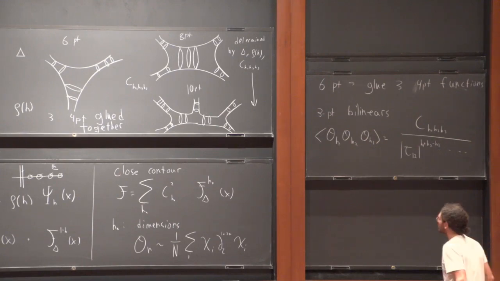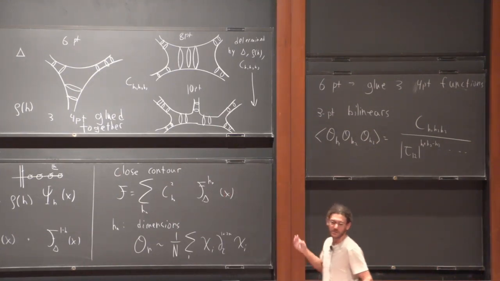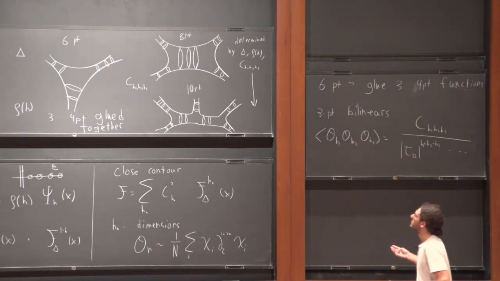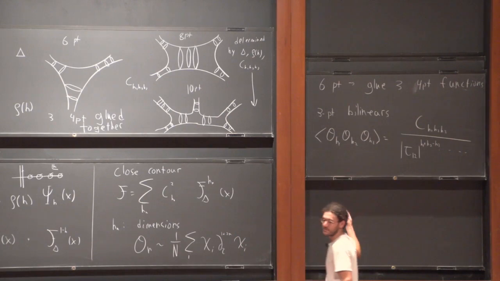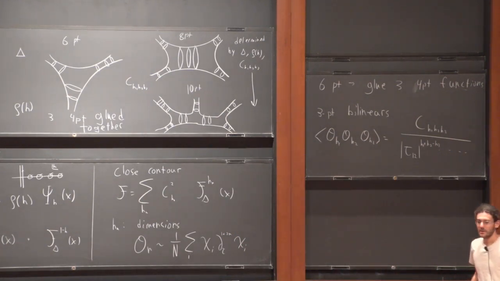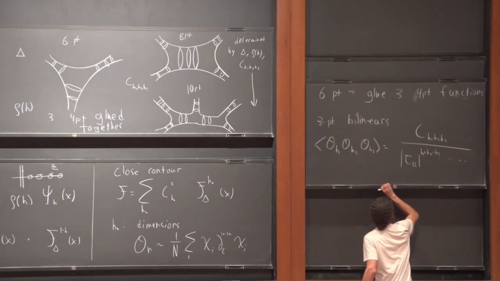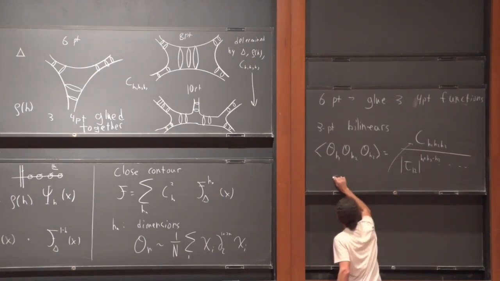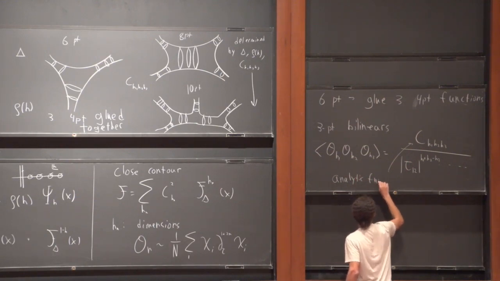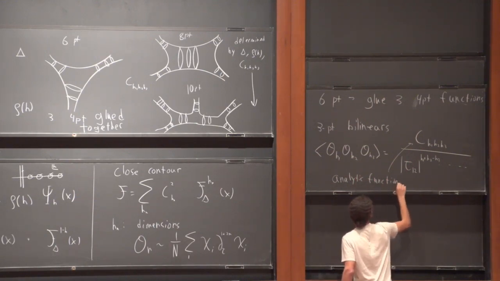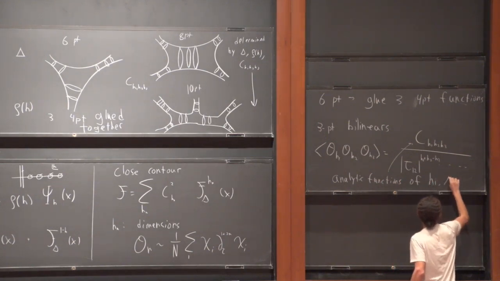The C's are, in fact, defined for any H. In doing the computation, one nowhere needs to enter the fact that normally we only think of 3-point functions for the physical operators. So indeed, these C's are analytic. These are analytic functions of the H's and delta.